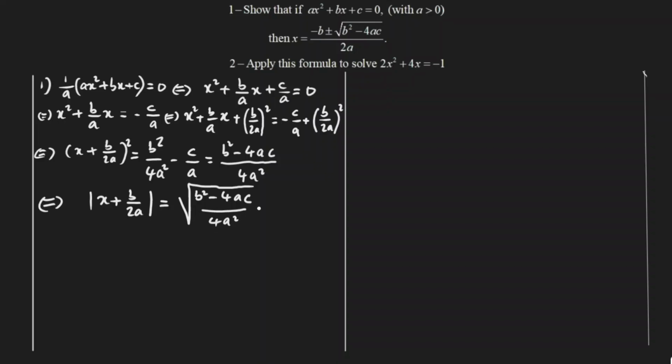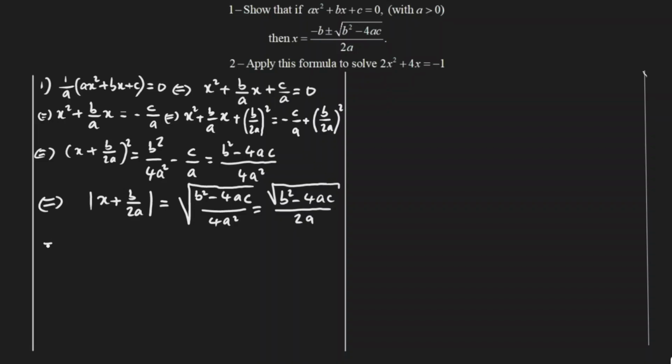But here we can remove 4a squared out of the root, and that will give us 2a, because a is strictly positive. So we have the square root of b squared minus 4ac, divided by 2a.